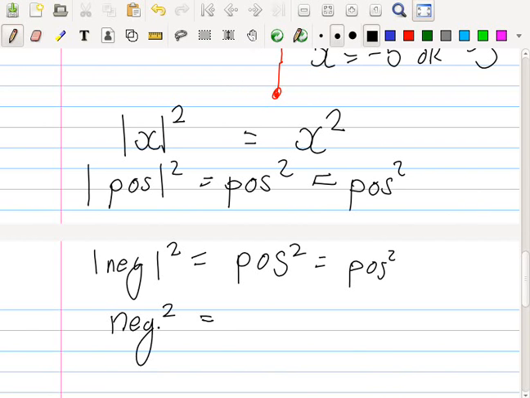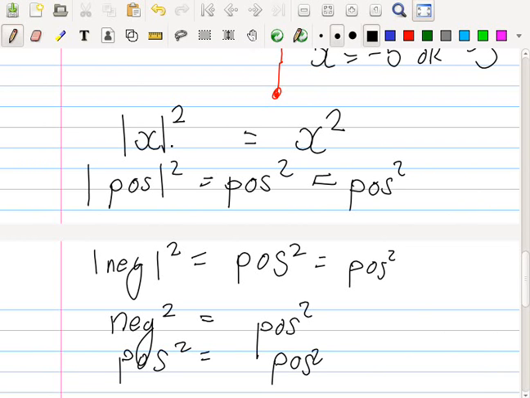Well, what happens when you square a negative? It's still positive, isn't it? And what happens if you square a positive? It's still positive. So with or without the absolute, it doesn't matter. You're always going to end up with a positive number. So squaring makes something that's negative positive. Always. So the absolute is redundant.